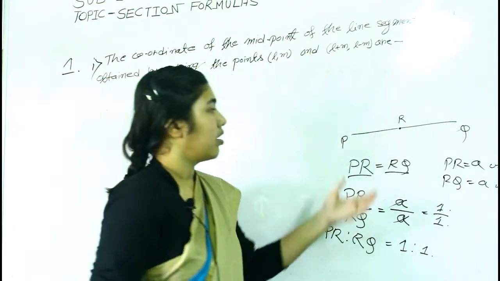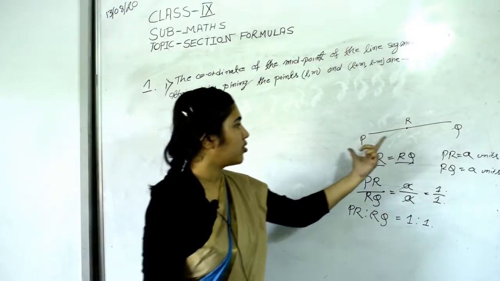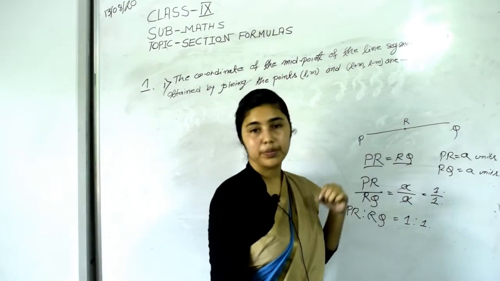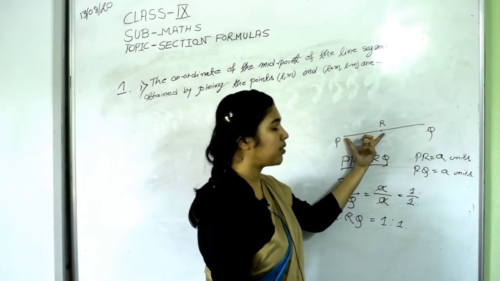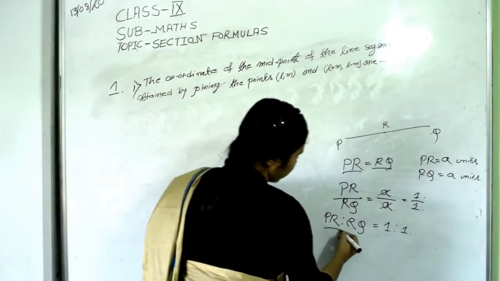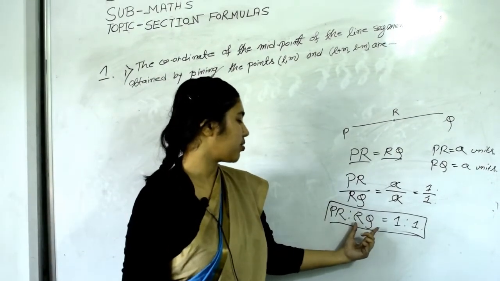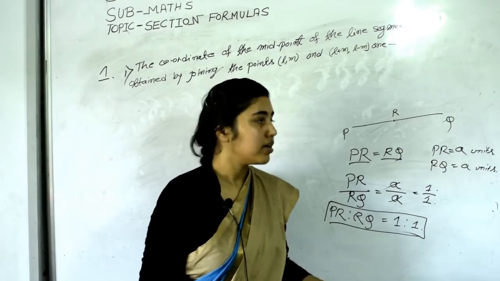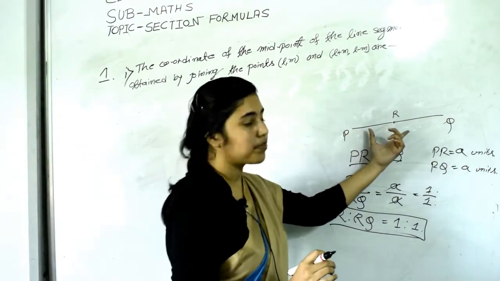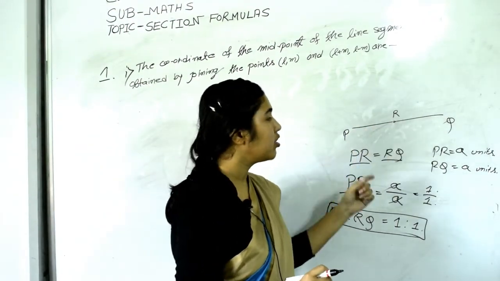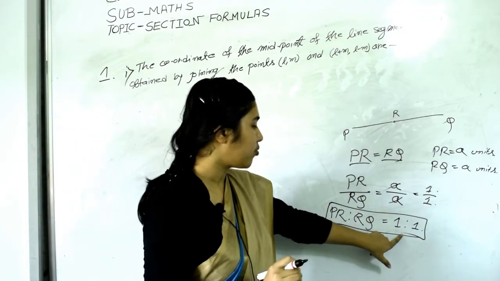1:1. तो अगर क्वेश्चन में दिया हुआ है कि R is the midpoint of the line segment PQ, that implies that the ratio PR is to RQ is equals to 1:1, right? तो अगर क्वेश्चन में दिया हुआ है कि R मिड पॉइंट है कोई लाइन सेगमेंट का, which means that point divides the line segment at the ratio 1:1.